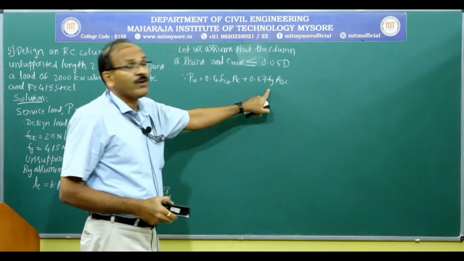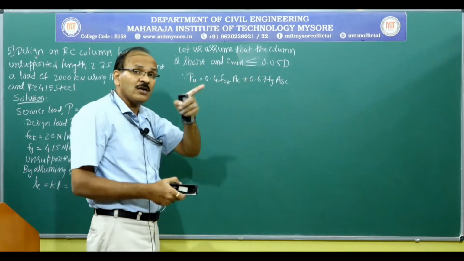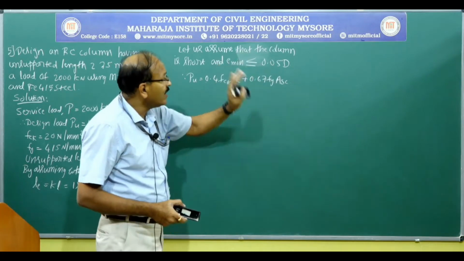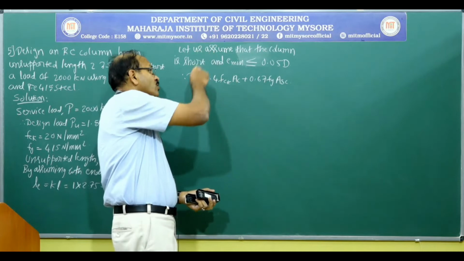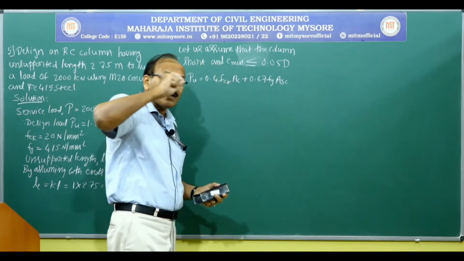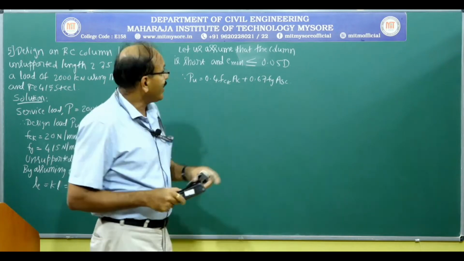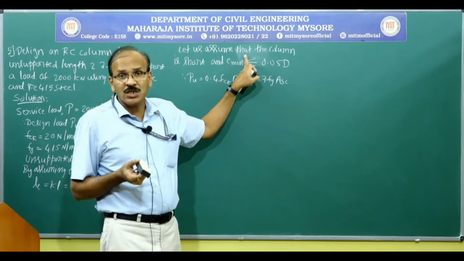So to use this formula, we have to satisfy two conditions. One is the column should be short, and the other is E minimum should be less than or at most equal to 0.05 D. So to make use of this formula, because I don't have the dimensions of the column, I cannot find out whether the column is long or short.